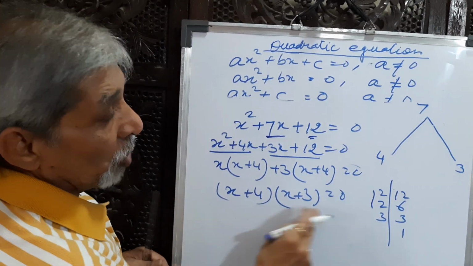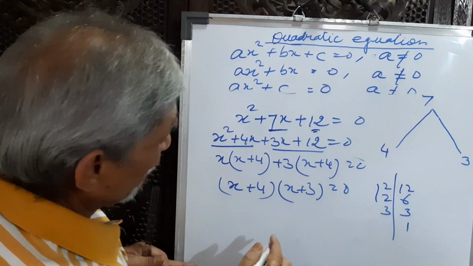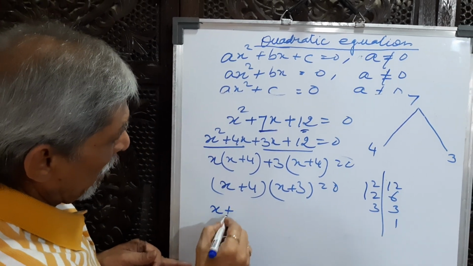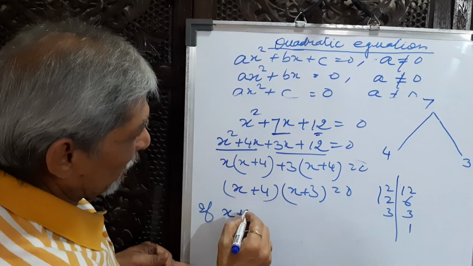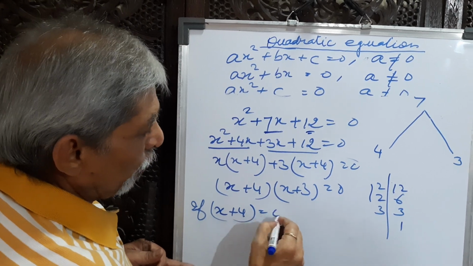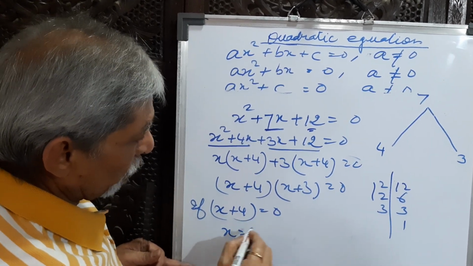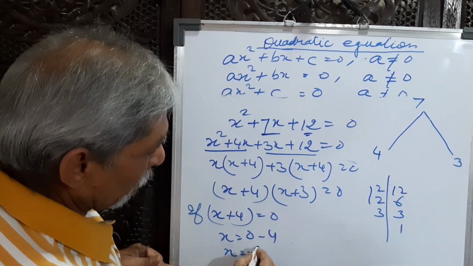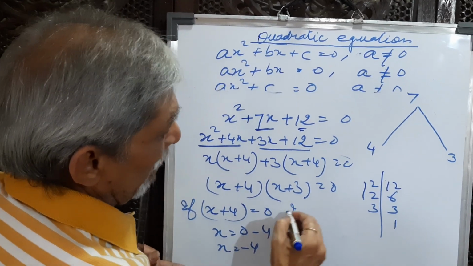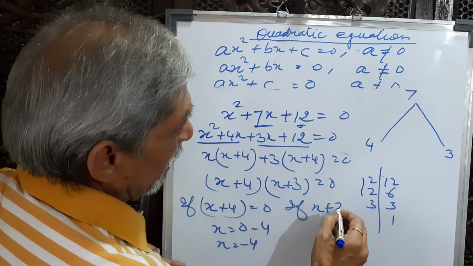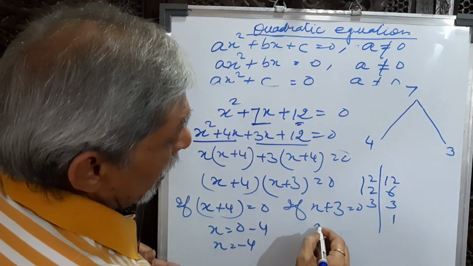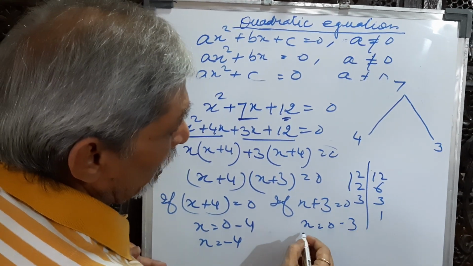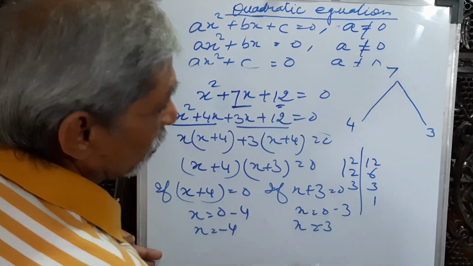Now put the value of these two factors at 0. If x plus 4 is equal to 0, x is equal to 0 minus 4, x is equal to minus 4. If x plus 3 is equal to 0, x is equal to 0 minus 3, x is equal to minus 3.